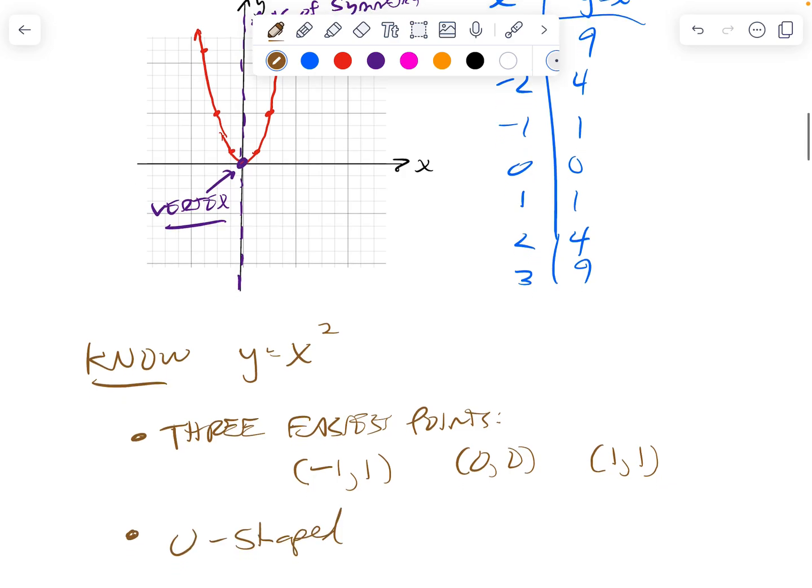If you know these facts, then you can put together a decent version of the graph of x squared. Don't worry about it being perfect. Don't worry about having tons and tons of points. You really just want a few easy and important points, and then you connect them into something that looks U-shaped.